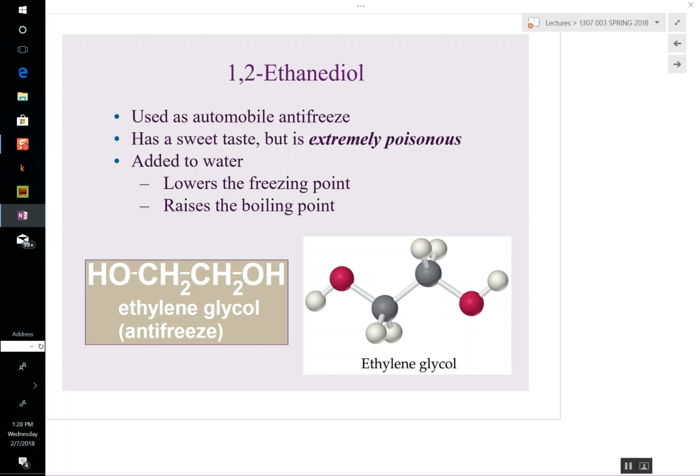Extremely poisonous. Over the last 30 years or so, different places, different times, it has been used in error. You see here it says it has a sweet taste. And people said, oh, it tastes sweet. Let's put it in cough syrup. And that's happened. And it's extremely poisonous. It doesn't happen anymore, but it has happened.